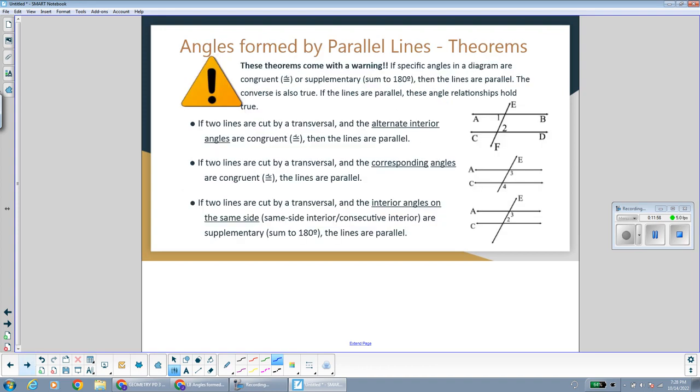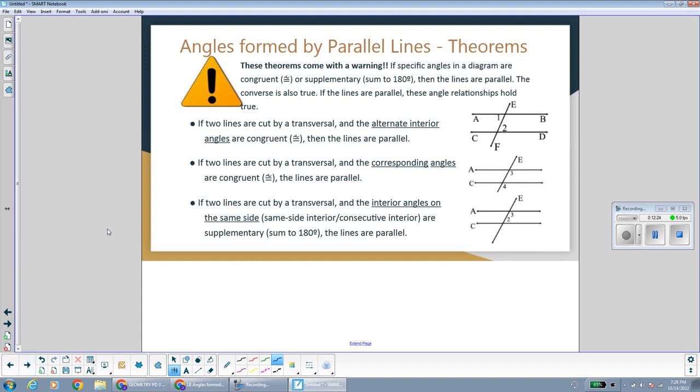So we have some theorems about the relationships between the angles formed by parallel lines. So if angles in the diagram are congruent or supplementary, that could make the lines parallel. Let's see which of these theorems say that.